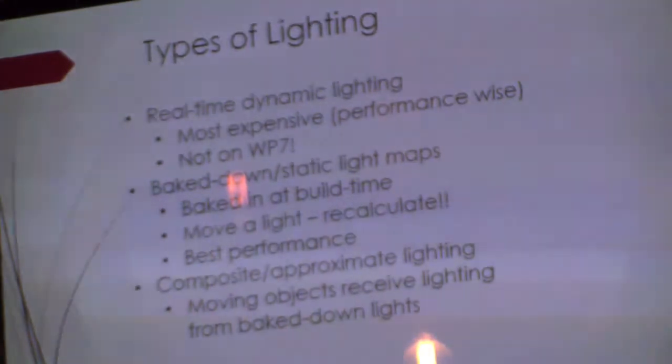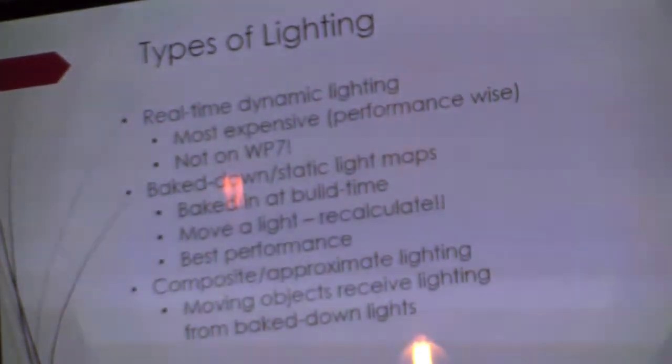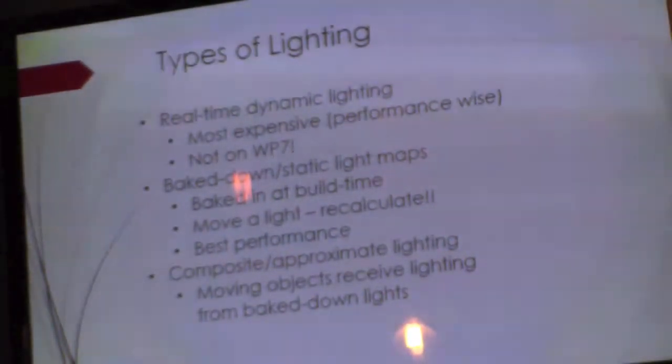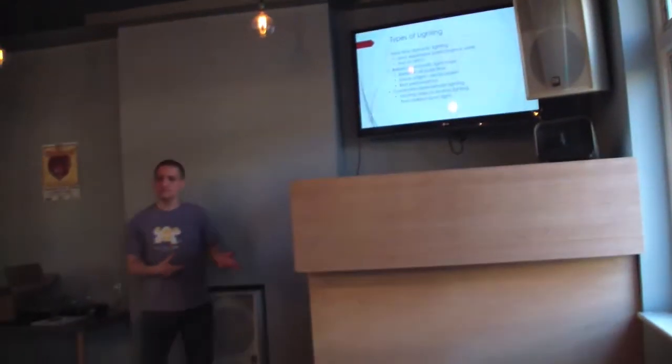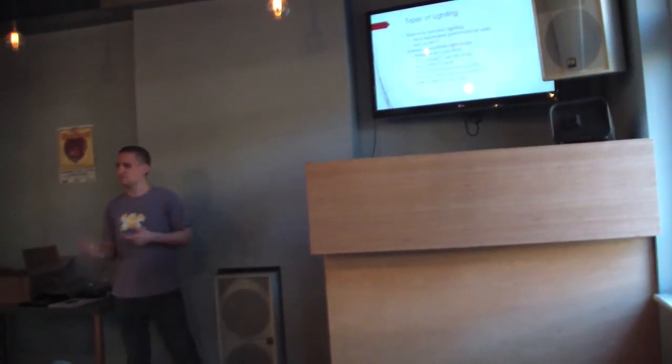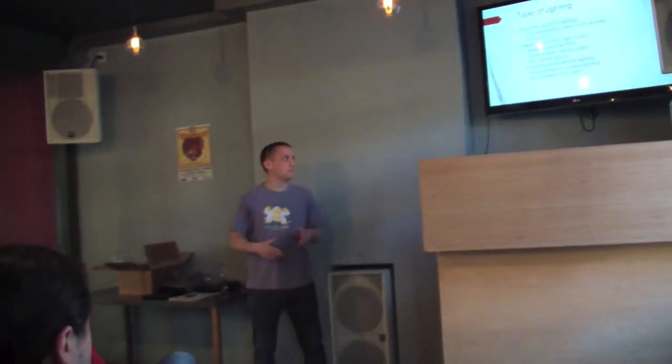But obviously that means if you want to move a light within that scene, you've got to recalculate the light maps, which means you can't do it at runtime. I mean, you could on Windows, technically, but on Xbox and stuff you wouldn't.